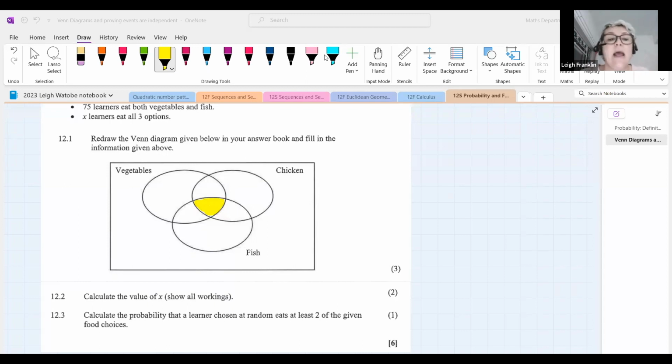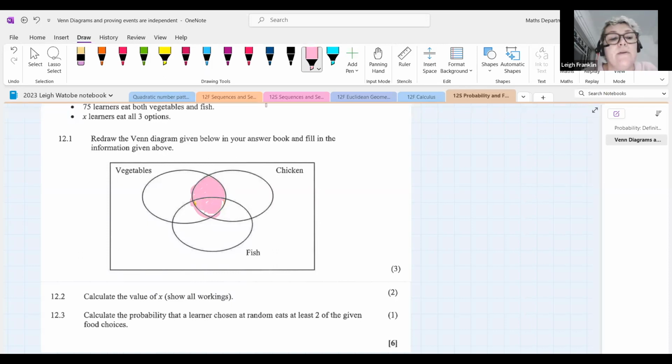Excellent, well done. Now, what if I took a different highlighter and now I highlight this region? So now I'm including the yellow in this. How would I describe this region that I have colored in pink? Oh no, that looks orange. How would I describe that region?